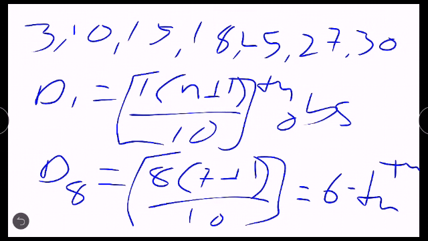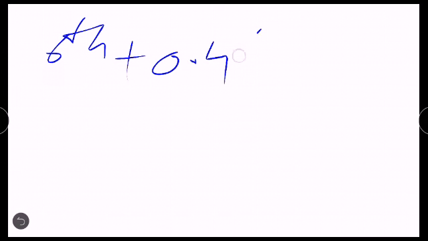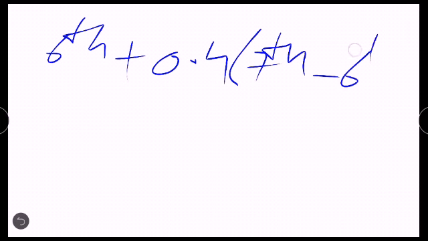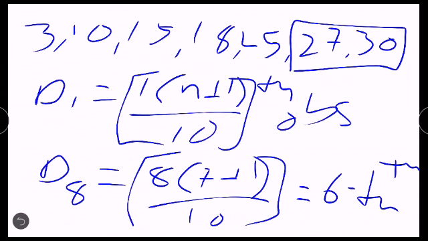So the 6.4th observation means your answer lies in between the 6th and 7th observation, that is in between 27 and 30. Now how to find it? In the same way as we found quartile values, the 6.4th observation means the 6th observation plus 0.4 into bracket 7th observation minus 6th observation. The 6th observation is 27 and the 7th observation is 30.